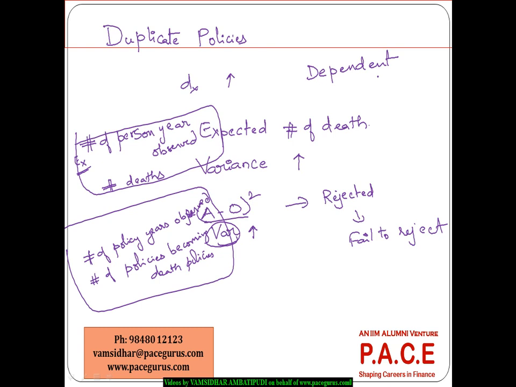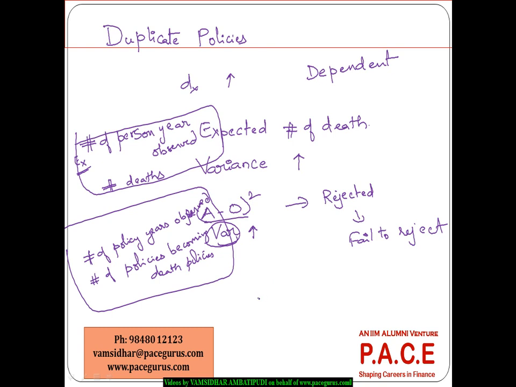And when we are looking at the duplicate policies per se, as we said, the expected number of death claims may not be very heavily impacted, but the variance will come out quite drastic. And that is where we talk about the variance we are computing, right?